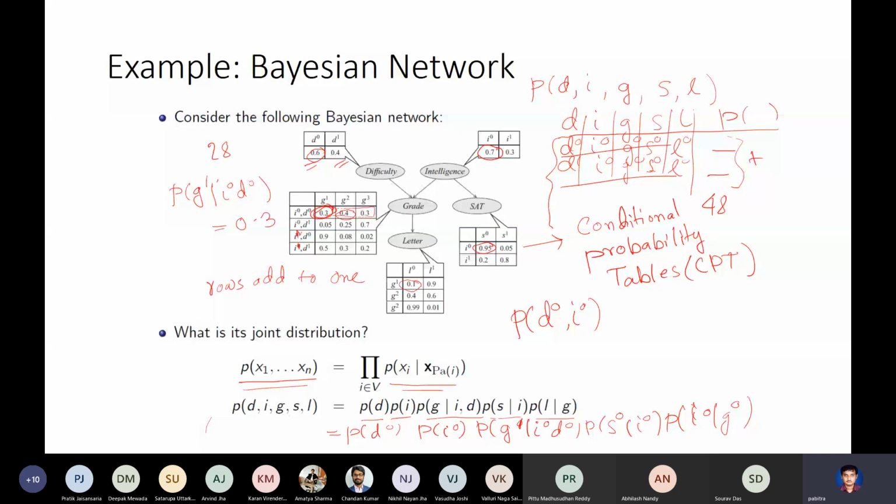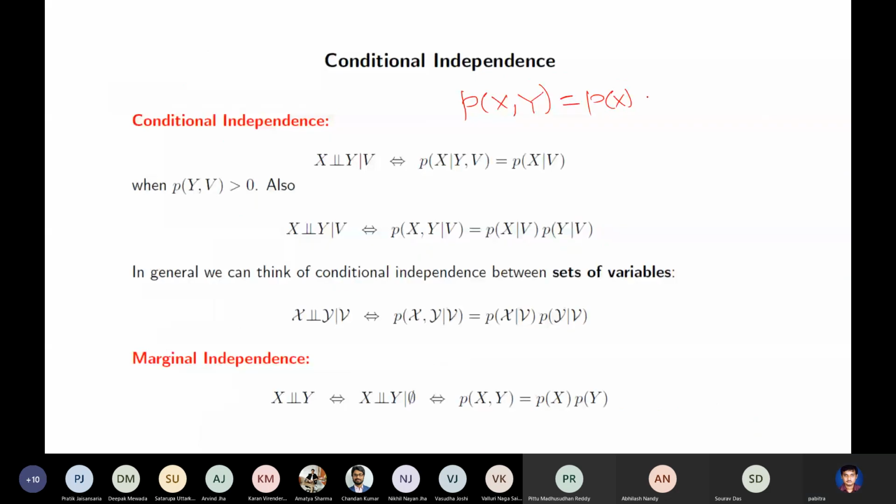So normal independence, you know, is: two variables x and y are independent if the joint probability is the product of their marginal probabilities.